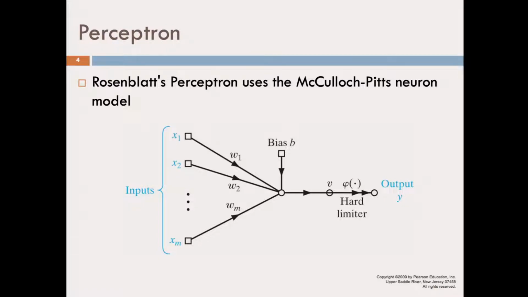Then you get this linear combination and pass it through a function, which in the case of the perceptron is a hard limiter. It can be, for example, the sign function. If this linear combination is a positive number, then the output is +1. If it is a negative number, then the output is -1. So this is a hard limiter. This is a simple model, and with this, we can classify data.